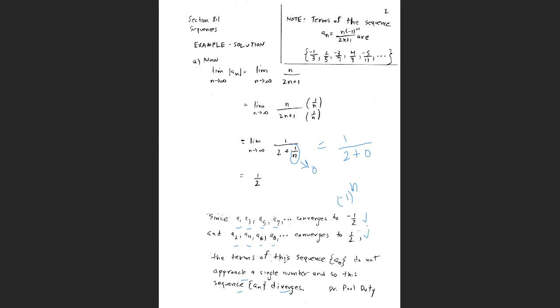Well, Nathan, I don't disregard the -1 to the nth power, because what I'm trying to do is look at this sequence. Here it is. Let me write it down again. A sub n equals -1 to the nth power times n over 2n plus 1.